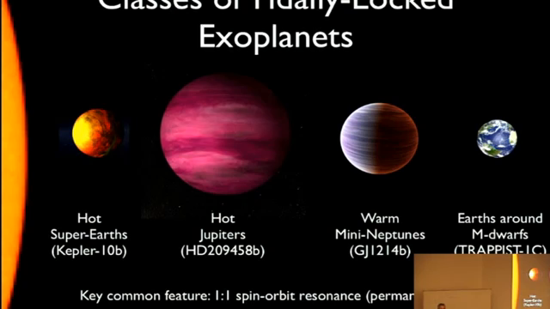And that means they feel the tides. They have strong tidal interaction with their star, and so a natural outcome of that, even though I think there are possible complications, is a tidally locked configuration, like the Moon to the Earth, where the planet always shows the same face to its star.